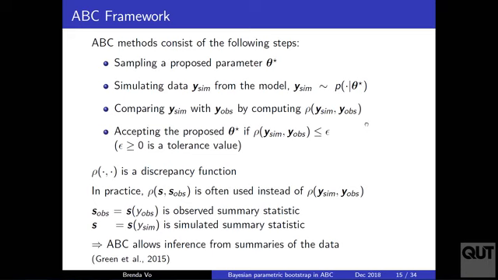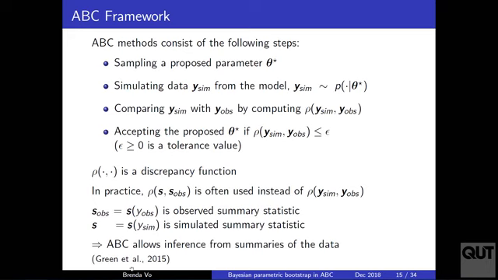And in practice, we don't compare the whole data. Instead, we use the summary statistics. So the discrepancy function rho is for S, the simulated summary statistics, and S observed for the observed data.